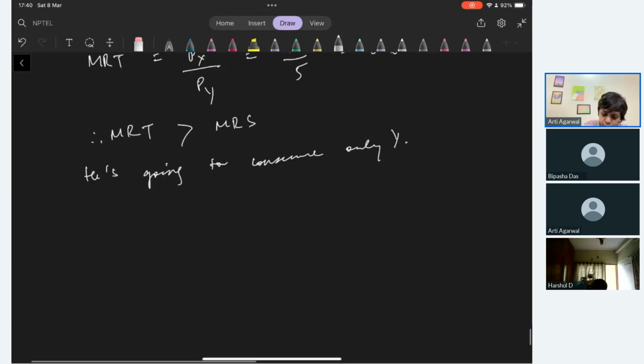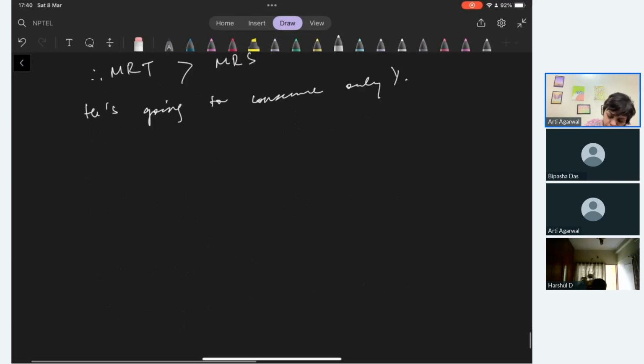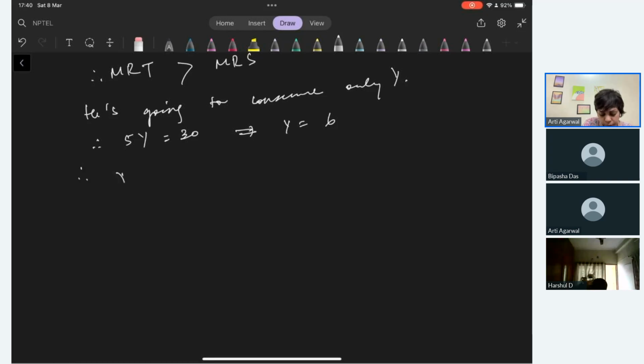Therefore, 5Y is equal to 13. Y is equal to 6. This is your initial consumption bundle, which is what we had to compute.